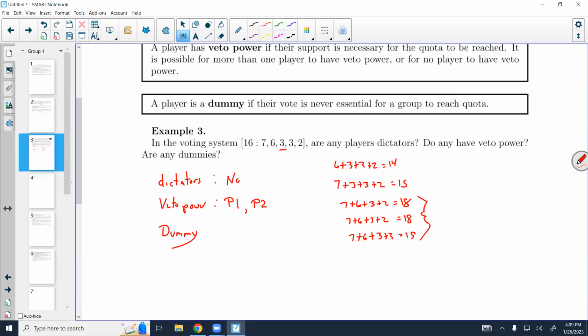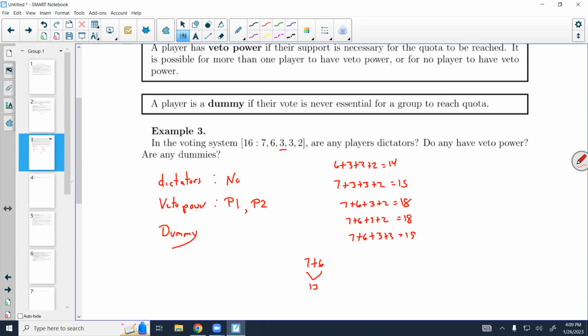So looking at these three possibilities that can pass. Actually, no, that's not what I want to do. So we know we need player 1 and player 2. Do I need player 3? This being 13, I need 16. I need 3 more.